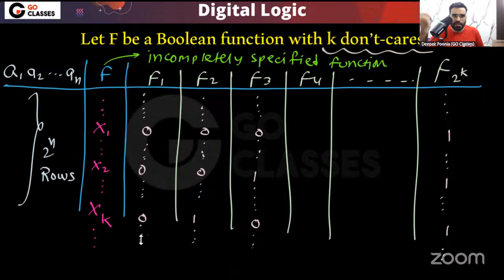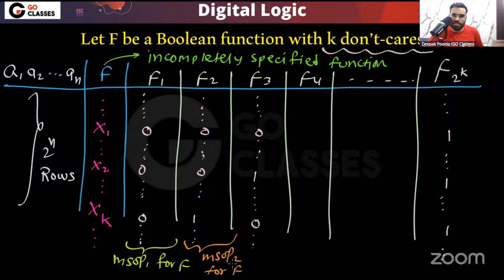Let's assume that f1 and f2 are giving you minimal SOP. This f1 is giving you, let's assume, minimal SOP 1 for f, and f2 is giving you minimal SOP 2 for f.